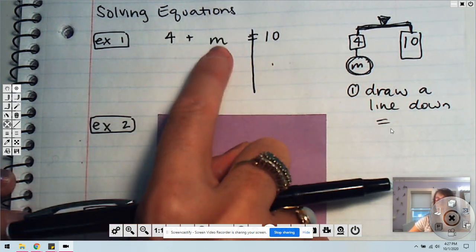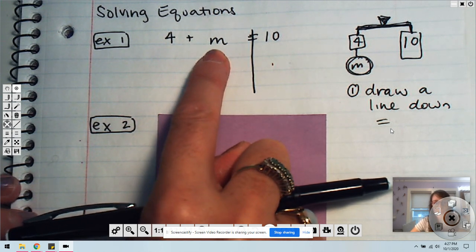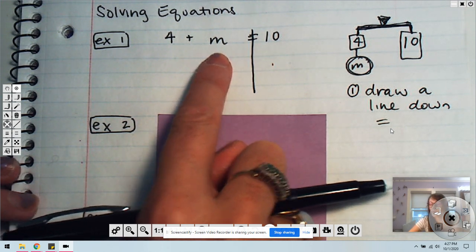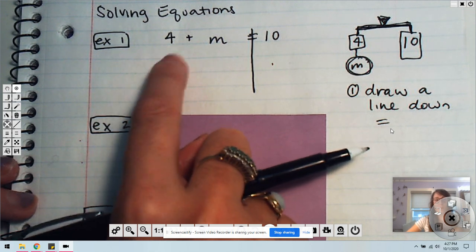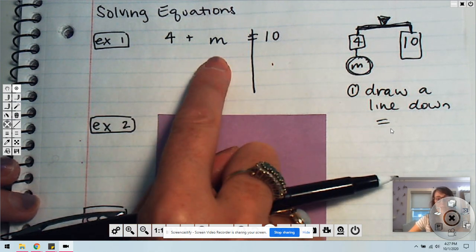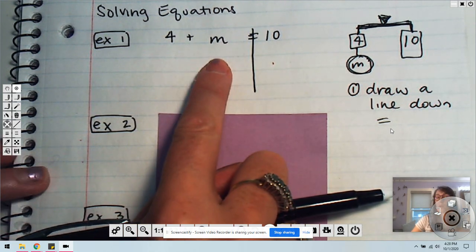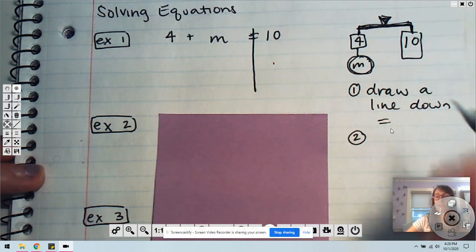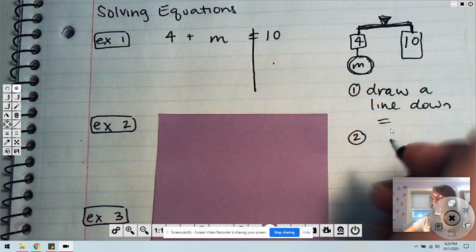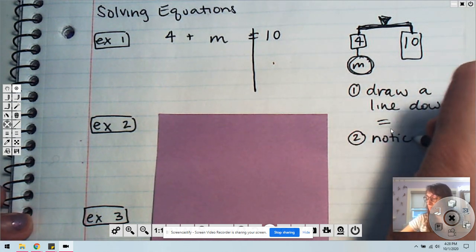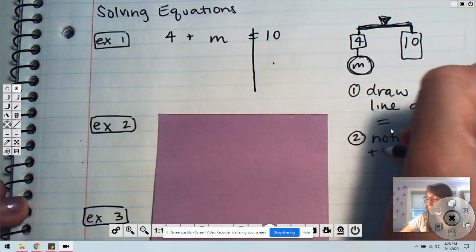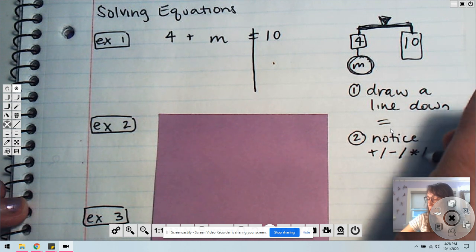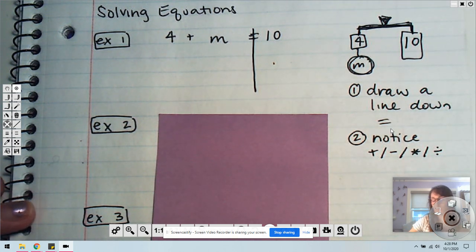I'm noticing that I have m, which is my missing variable, the value that I don't know. And then I have a positive 4 being added to m. Whenever I want to solve equations, I have to look at what's happening to my variable, so I notice what operation, addition, subtraction, multiplication, or division, is happening.